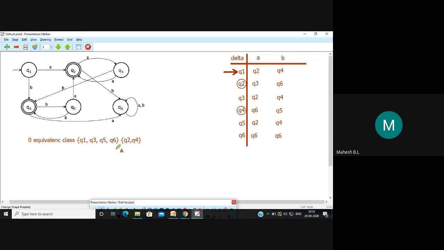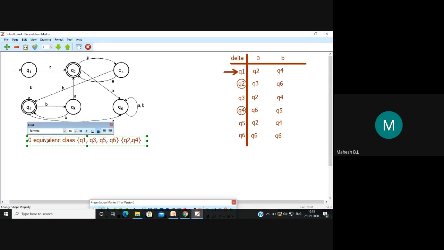So Q1, Q3, Q5, the first three elements, are making transitions to the Q2, Q4 class, but the last element, Q6, is making a transition to the same class in which it is. That means Q6 is distinguishable from Q1, Q3, Q5.